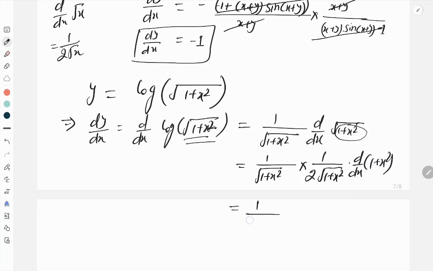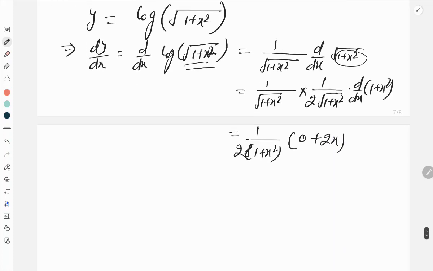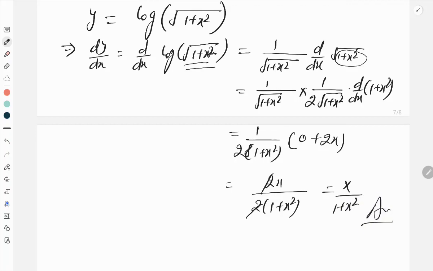So from here, it is 1 upon root 1 plus x square, root 1 plus x square will be 1 plus x square into 2 here. Okay, and d/dx of 1 plus x square will be derivative of 1 is 0, and x square derivative is 2x. Okay, so it is 2x upon 2 (1 plus x square), this 2 cancels, x upon 1 plus x square, that's the answer.